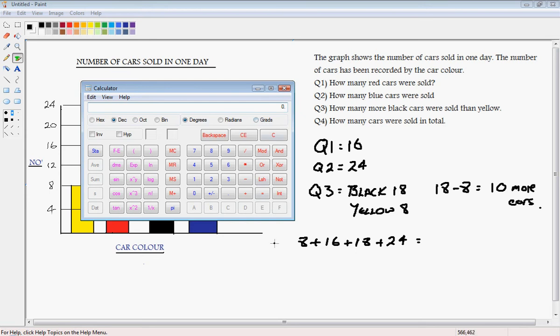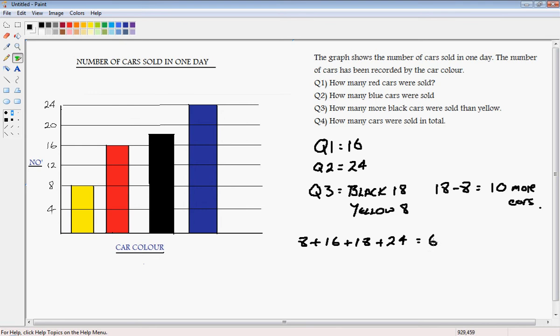Okay, so we could use our calculator for this, or we could do a little addition sum. So we have 8 plus 16 plus 18 plus 24 gives us 66 cars.